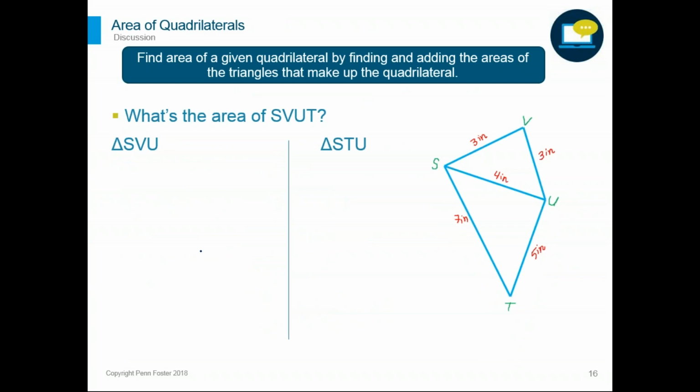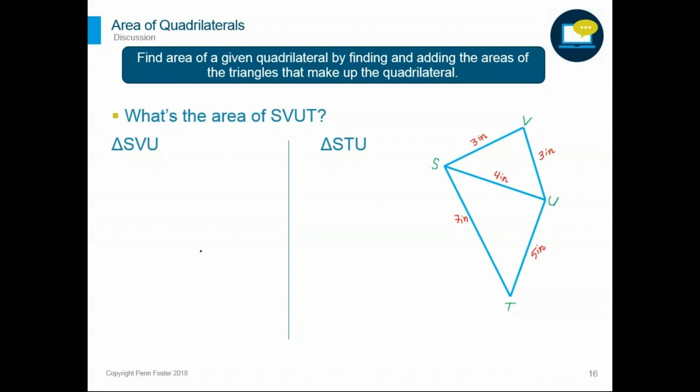Area of quadrilaterals. There is no specific formula given to us in our units or lessons that will make us use the formula and calculate the area of a given quadrilateral. There is a roundabout way that we are able to use our knowledge until now to find out the area of a given quadrilateral, like this one, SVUT.